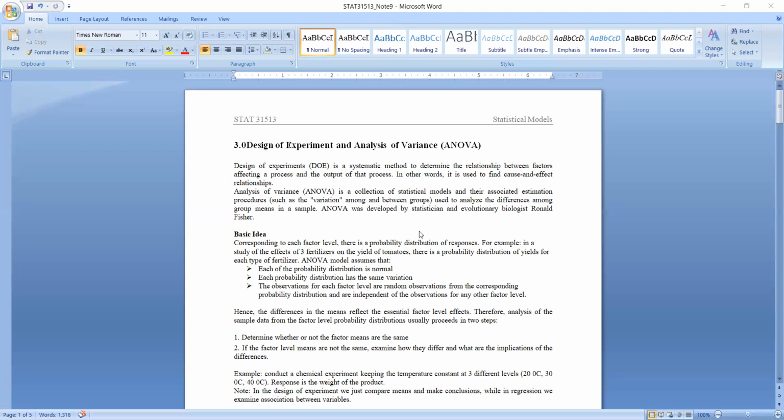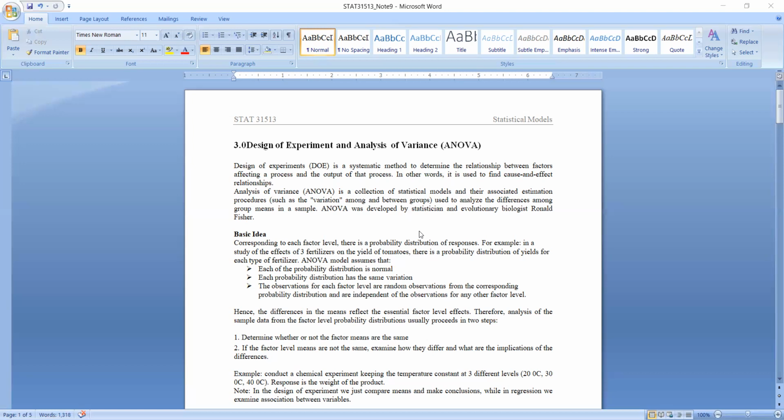There we can check whether the means between the factors are different or the same. If they are the same, no problem. But if they are different, we can carry out our calculations and analysis and find out what the differences are between these factor levels, and then we can come up with better conclusions.